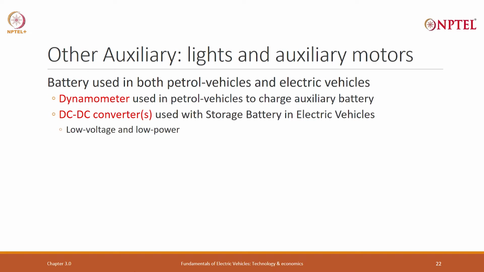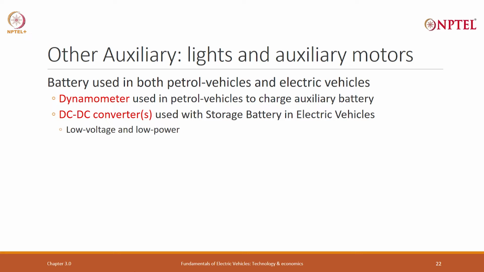Battery is now used for all auxiliary electric power. In a petrol vehicle, the dynamo is used to charge the auxiliary battery, and then the battery drives the electrical power brakes, power steering and air conditioner. If it is an electric vehicle and you have a big battery anyway, there is no auxiliary battery, you use a DC-DC converter.